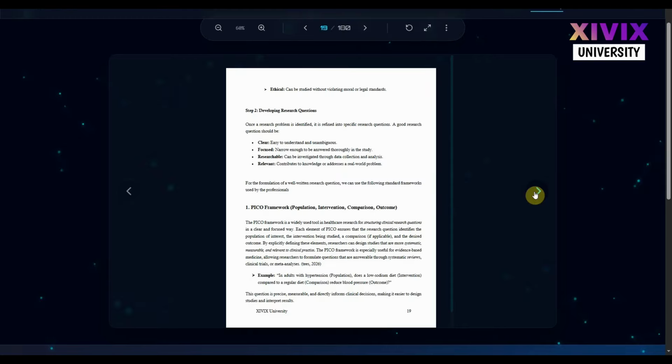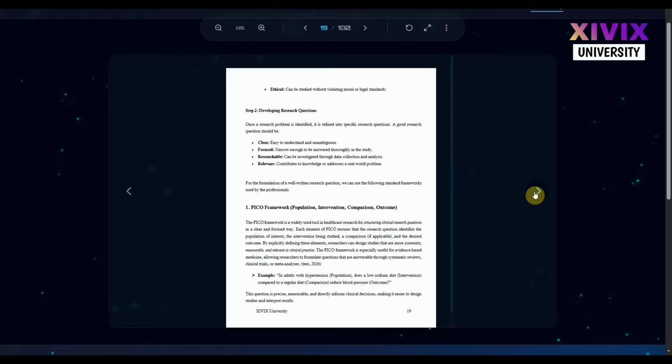This framework is widely used in healthcare research for structuring clinical research questions in a clear and focused way. The most important part of the PICO framework is that each element ensures that the research question identifies the population of interest, the intervention being studied, a comparison, and the desired outcome.